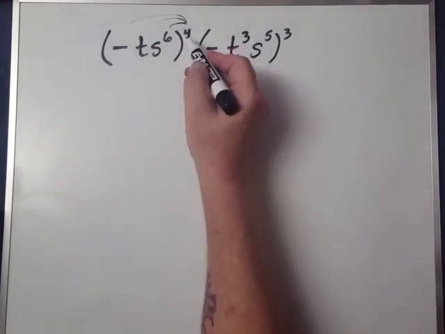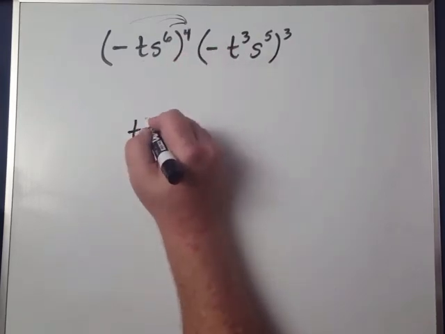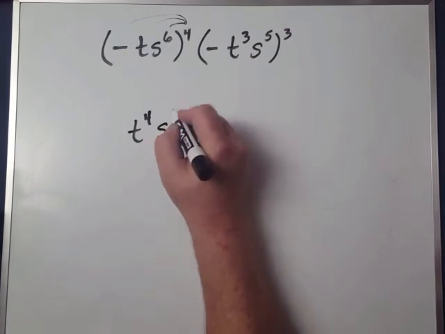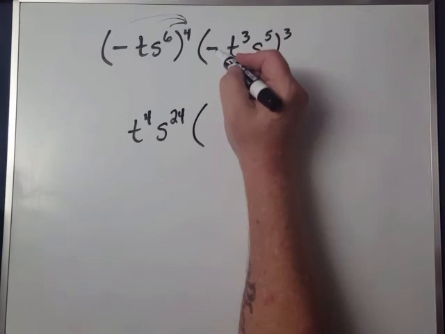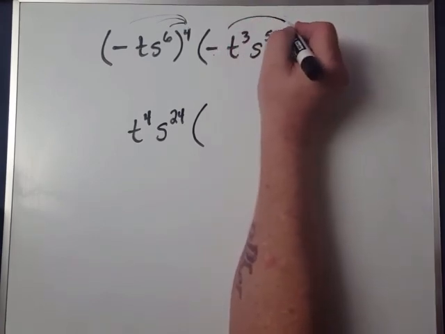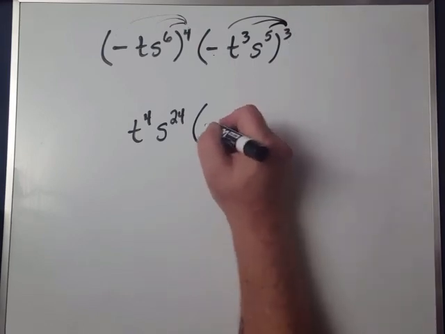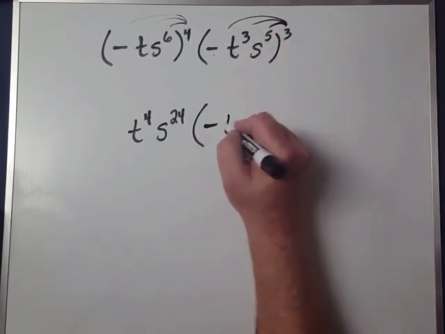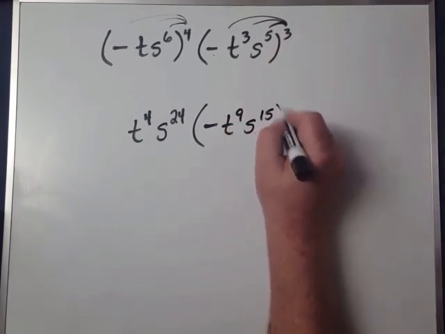A negative to an even power is positive, so I don't have anything to write. T to the 4th, well, that's t to the 4th. S to the 6 to the 4th is s to the 24th. Times a negative to an odd power as I distribute. A negative to an odd power is still negative. T to the 3rd is t to the 9th. S to the 5th to the 3rd, s to the 15th.